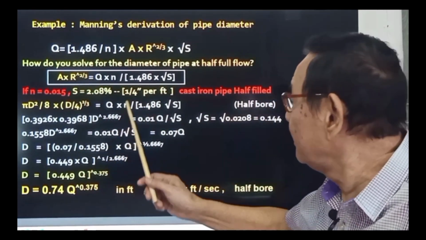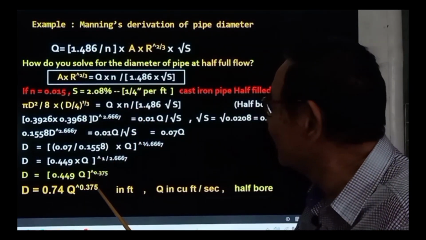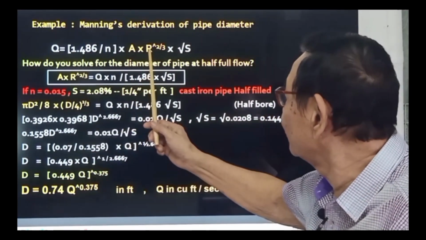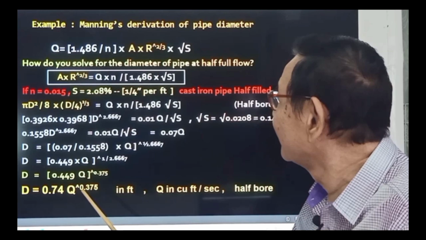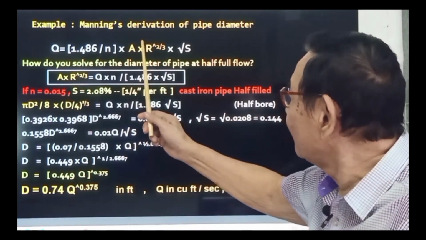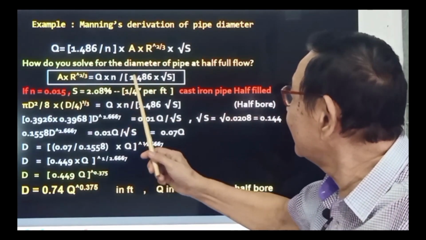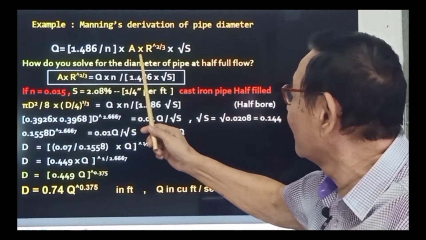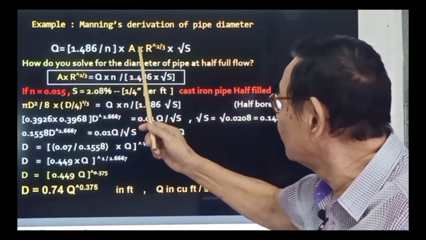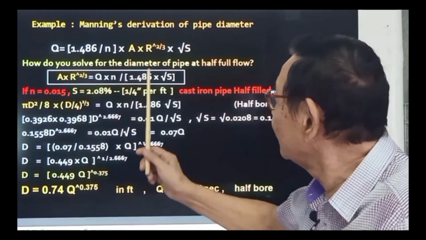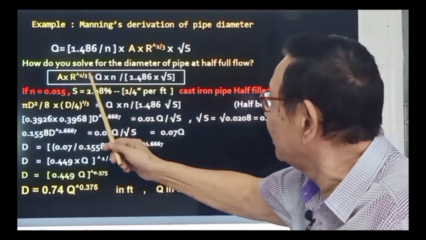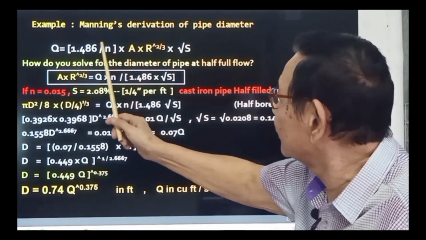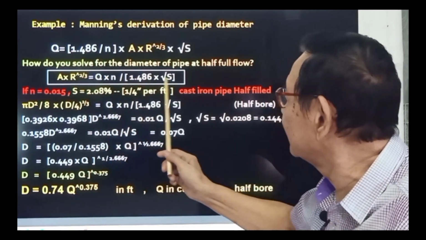But it is embedded in the area of flow and the hydraulic radius. And the area of flow depends if it is half full flow or half bore, or a full flow which is full bore. So we will rearrange this one into the other side, and what is remaining, the unknown one of the equation, is in the right side.